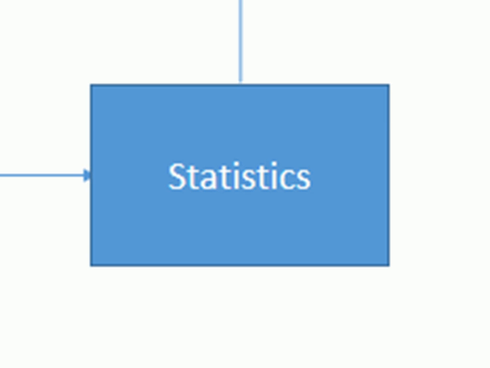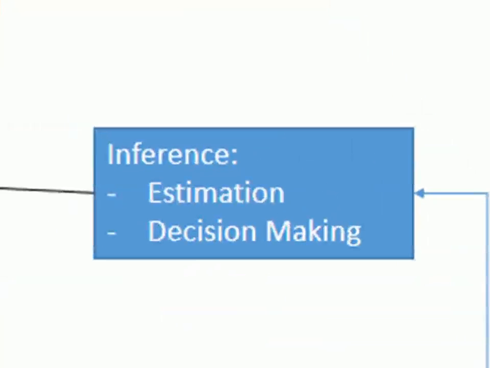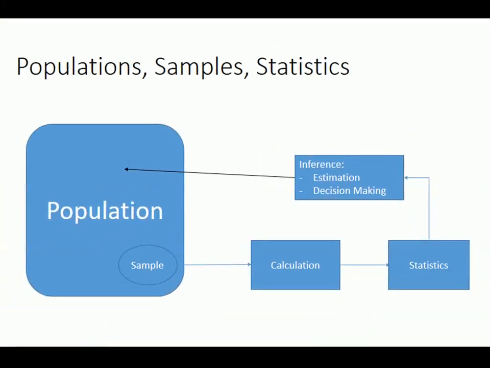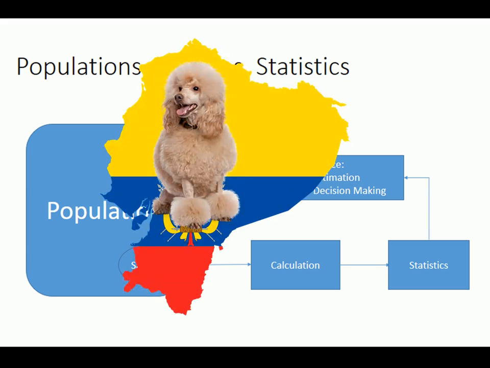So a statistic is any number that is somehow derived from a sample of data. Statistics are going to be used for what we call inference, which is trying to say something about the population, inferring something about the population. And the two chief tasks are estimation, estimating parameters of the population, parameters being some aspect of the population that we're interested in, like the average height of a poodle in Ecuador or something like that.